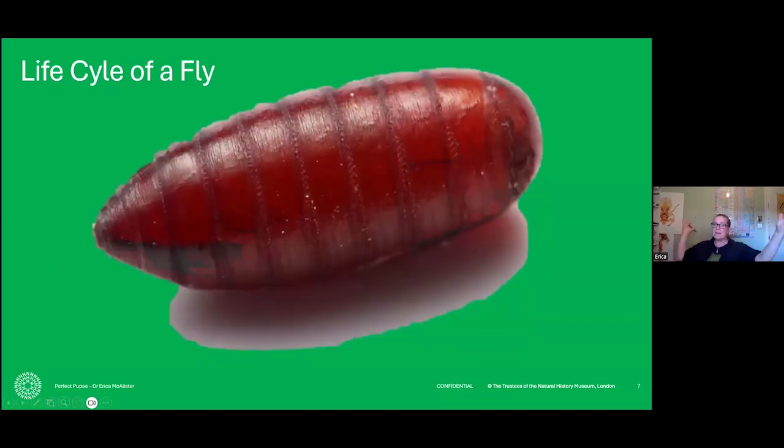So here we go, ta-da, the pupal stage. Okay. Arguably the dullest looking part often in the life cycle. But what I think is the most extraordinary part of the life cycle, the ability to transform, the ability to modify most of your body from one form to another and to develop so many different features along the way.